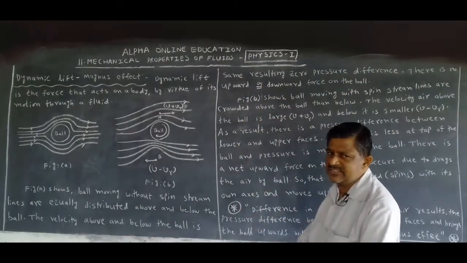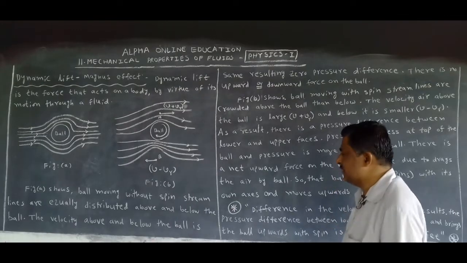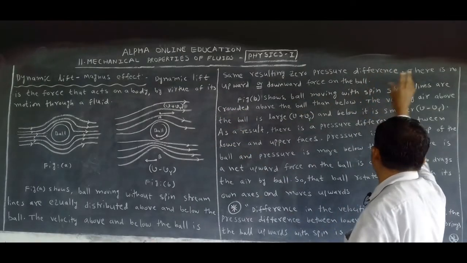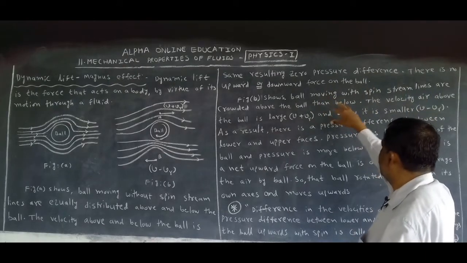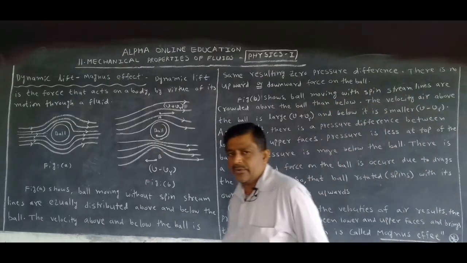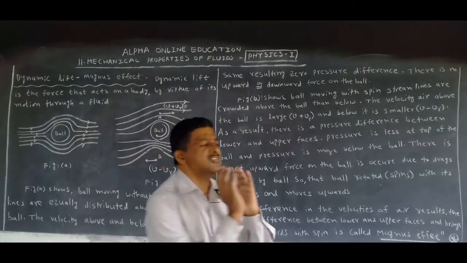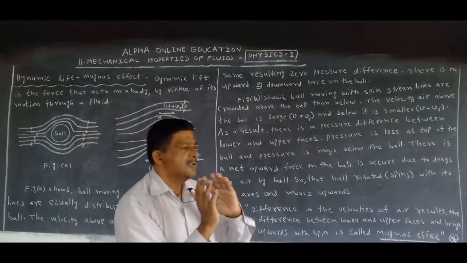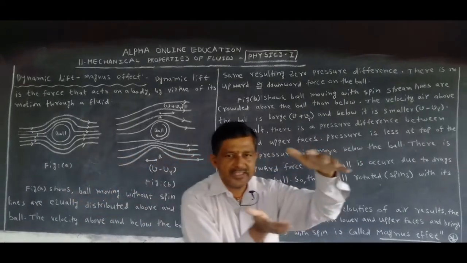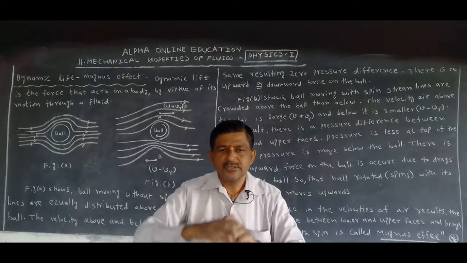When the velocity is the same, what happens to the pressure difference between above and below the ball? It is zero. There is no upward or downward force acting on the ball when it is thrown like this. The streamlines are arranged as shown in the figure.